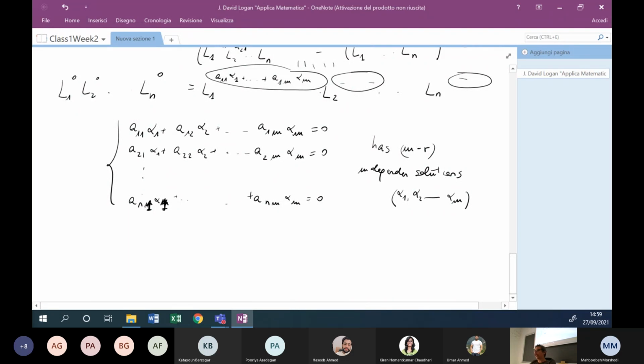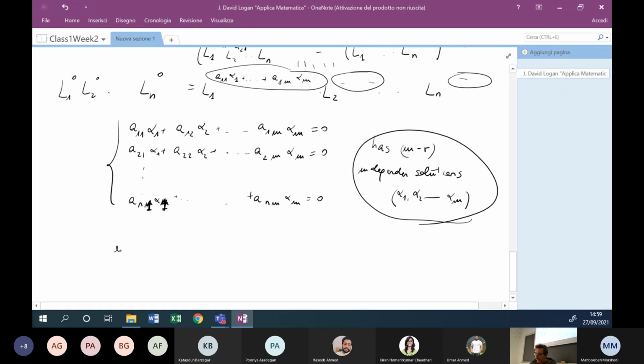Now, each of these independent solutions, so each of these vectors alpha 1, alpha 2, alpha M, is going to correspond to a single pi.